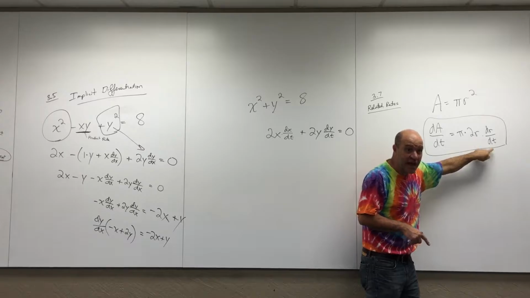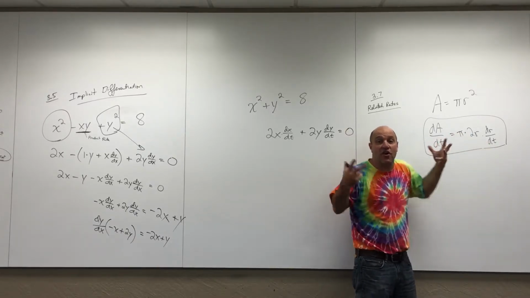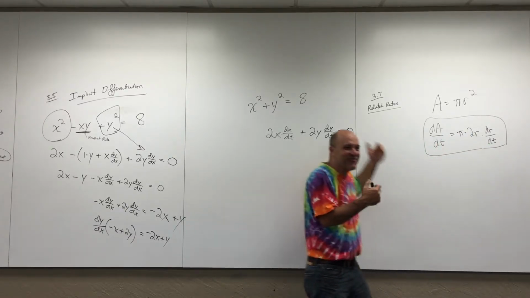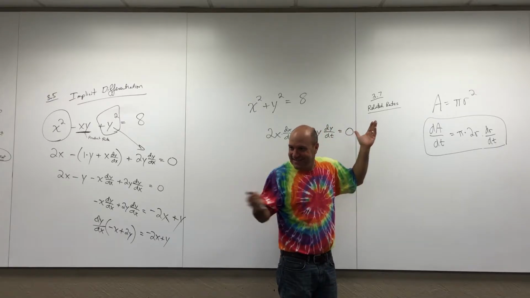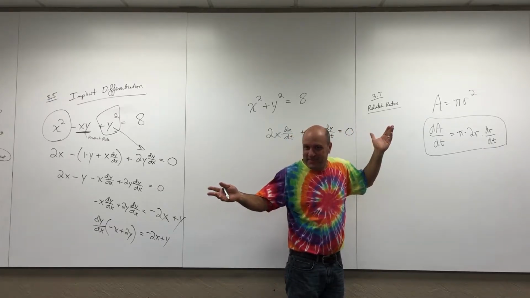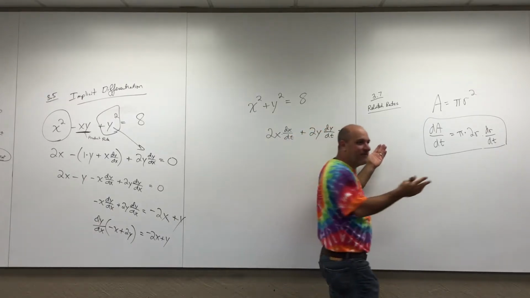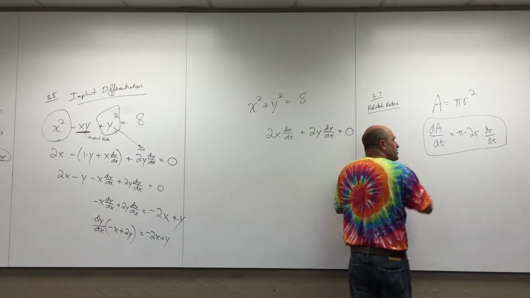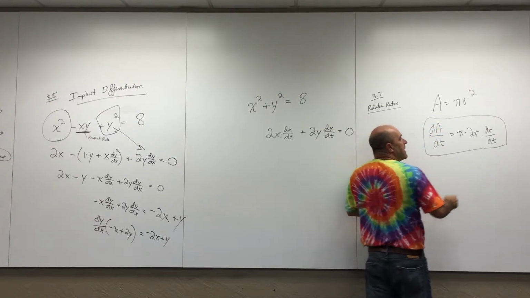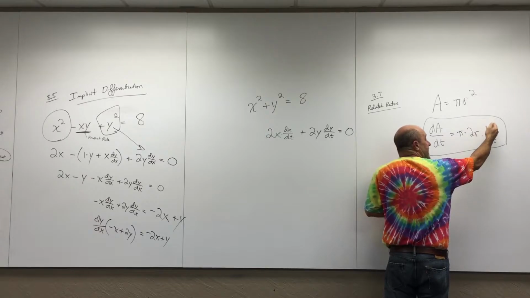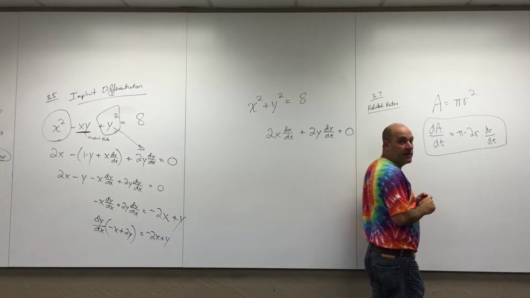I have 2 rates of change that are related. I have related rates. Are you okay? I have a rate of change of area with respect to time, and I have the rate of change of the radius with respect to time.